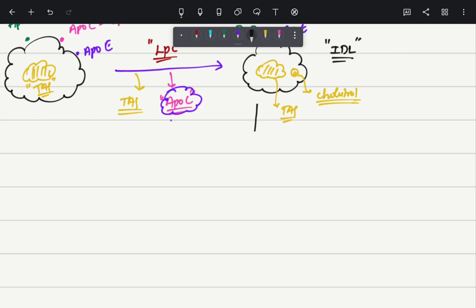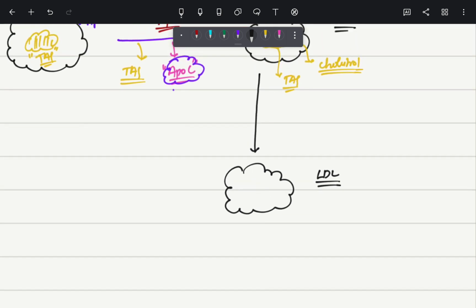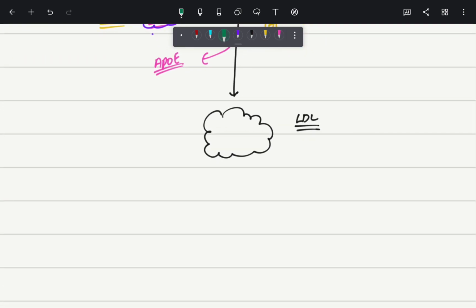Eventually this intermediate density lipoprotein will get converted into low density lipoprotein. During this step, once again, apoprotein E will get extracted. The only apoprotein present on the LDL, the low density lipoprotein, is your apoprotein B100.